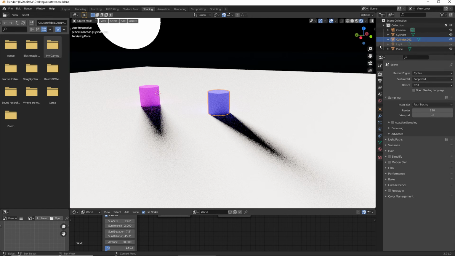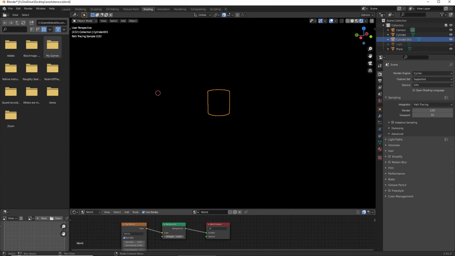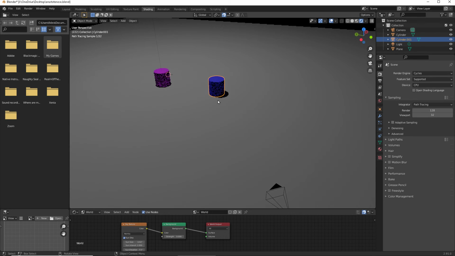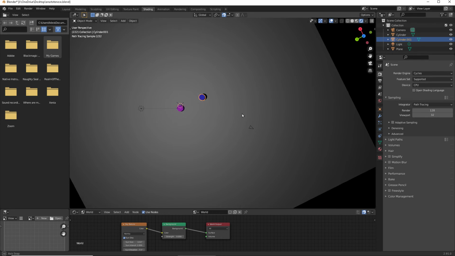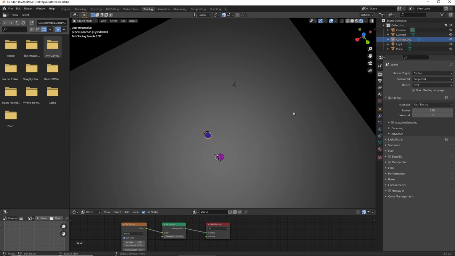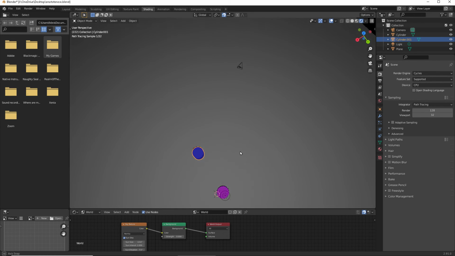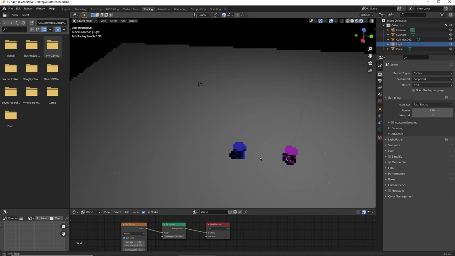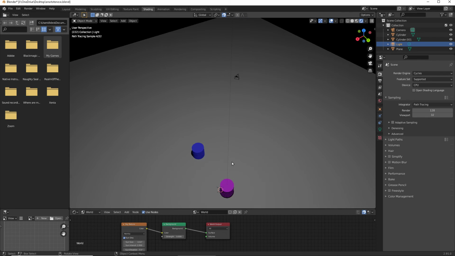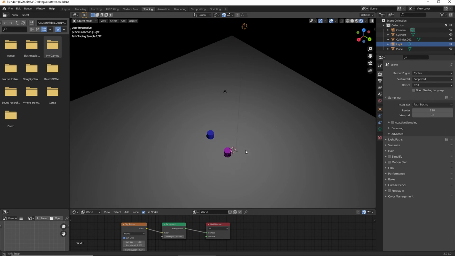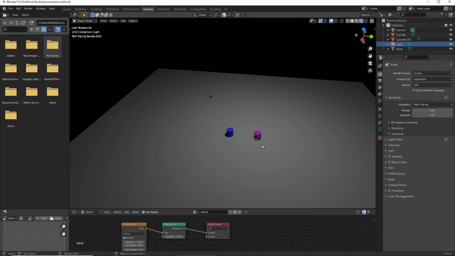But okay, let's say the sun was local. This is where it gets crazy. I turn off the sun. Okay, I'm going to turn on the local light. This local light is directly above the one object. As you can see, the light is right here, directly above that. And look, if the sun was local, oh my gosh, magic.